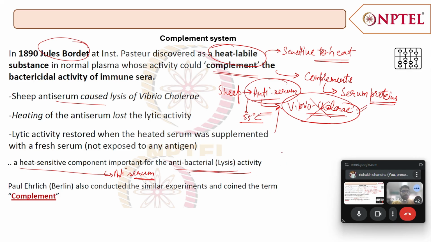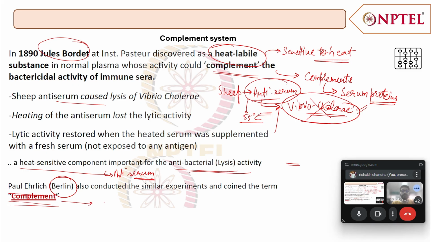After these experiments, Paul Ehrlich, in his work from Berlin, conducted similar experiments, that is, using the serum and heating it at a particular temperature, so that because it's heat sensitive, it would no longer lyse the bacteria. He then coined the term complement. Why did he coin the term complement?